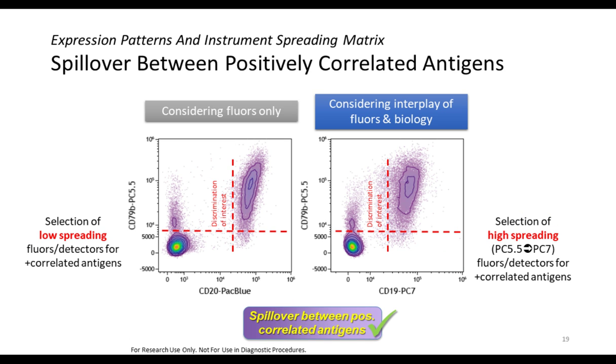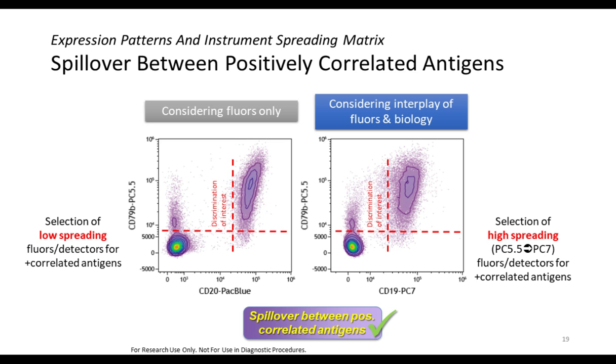And this also holds true for an expression situation that basically is the opposite of what we just have seen before. Here we have two antigens that are not excluding each other, but two antigens that always occur together on the same cell.